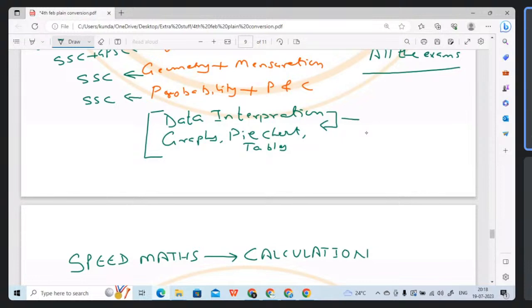In these topics, if you do not know speed maths and if you do not know percentage and ratios, you will not be able to solve any question. So these chapters become very important whenever you are attempting any kind of exam paper.